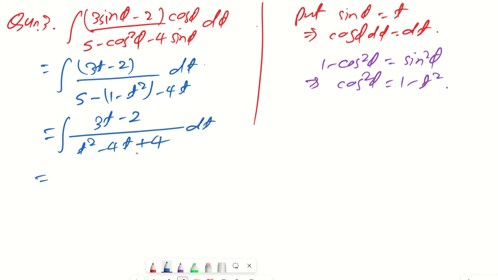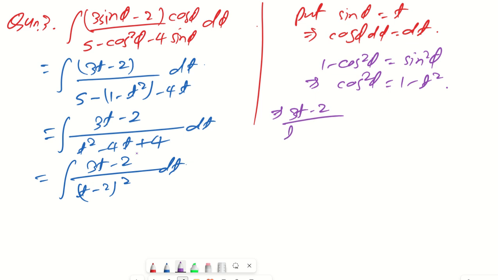This can also be written as integration of (3t minus 2) by (t minus 2) whole square dt. Now can we do one thing? We'll do partial fractions.